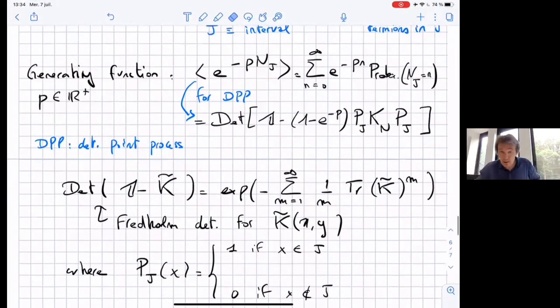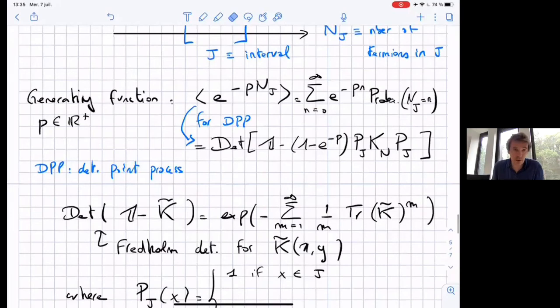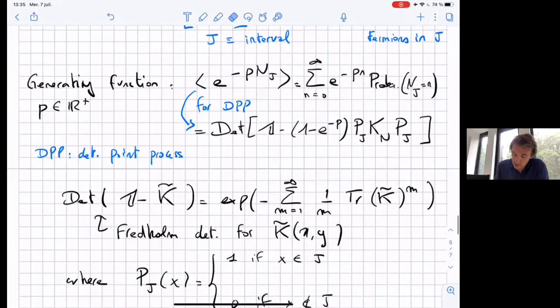In fact, I could write down the generating function of all these particles, pi lambda I or xi. That multi-particle generating function would also have a Fredholm determinant. Exactly. It's not completely obvious, but it's true. And this is indeed contained in this. So this formula, indeed, it's quite remarkable.